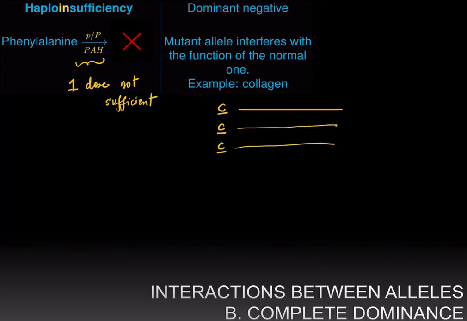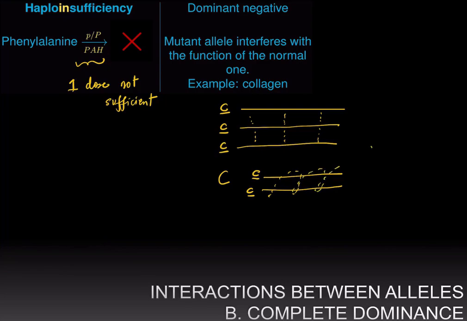That means three protein molecules bind together, they attach to each other in order to make a complex that is functional. However, if you have the mutant allele, which I'm denoting with big C, this mutant allele encodes a protein that binds to two of the wild type proteins and prevents these proteins from forming a trimer.